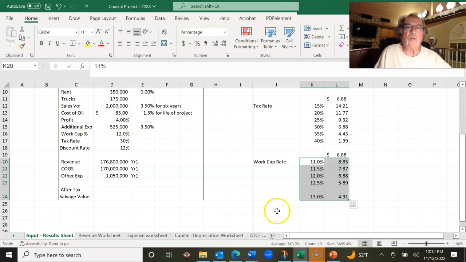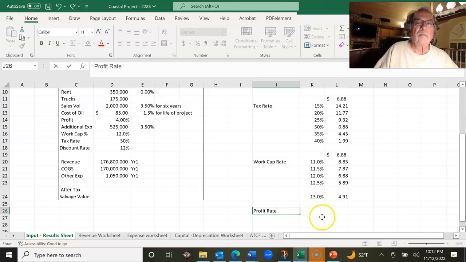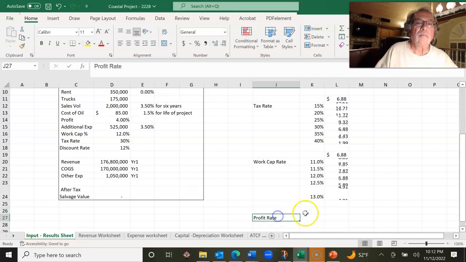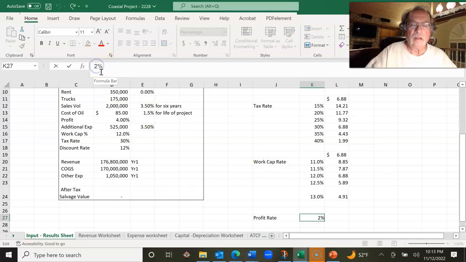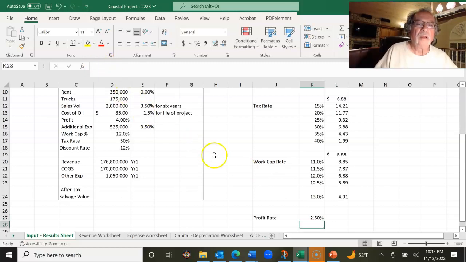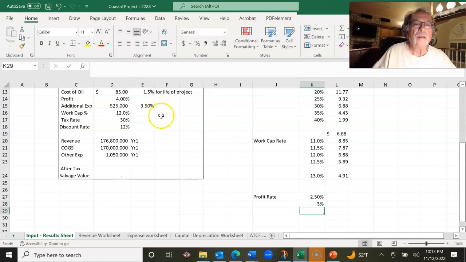Let's look at the profit rate. That's the markup. Our profit rate, well, let's go from 2.5% and we'll take it up to about 5%.